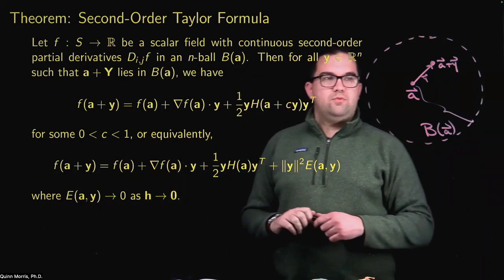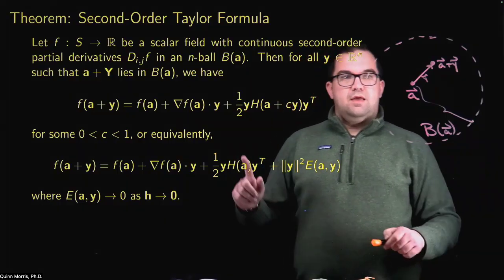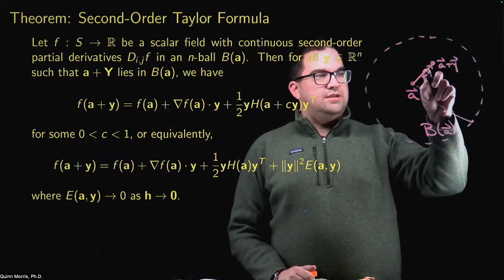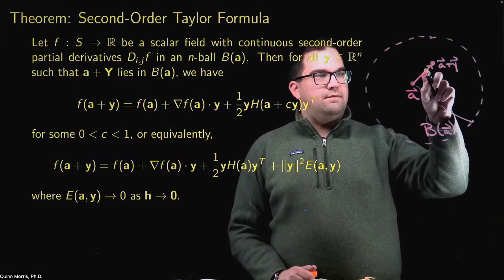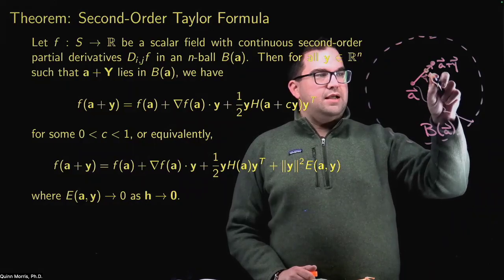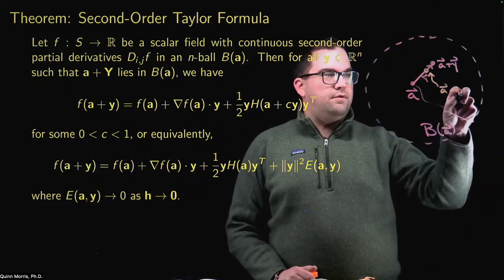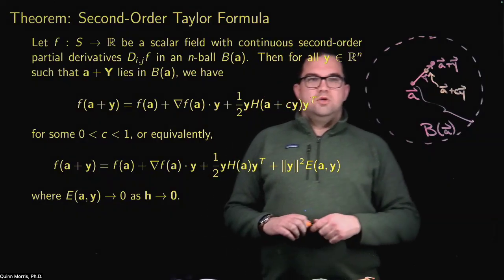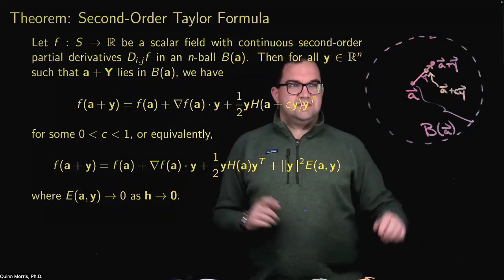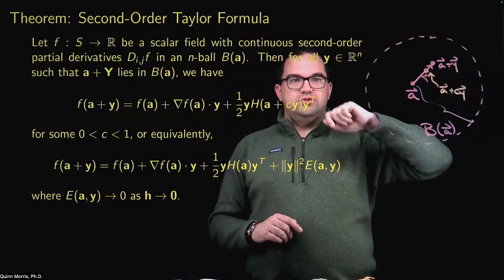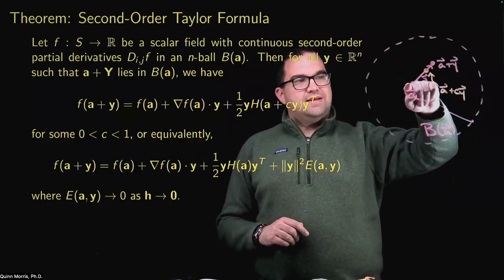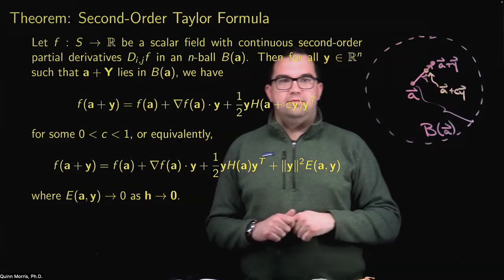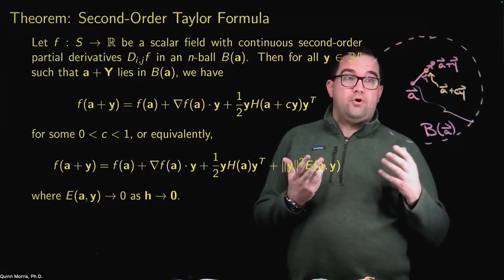One way to think about this is A plus cy for c between 0 and 1 really just means I'm looking at some point that's between A and A plus y. So you think about taking your scalar field f and you restrict it to this segment between A and A plus y. And this is actually how the proof will work.